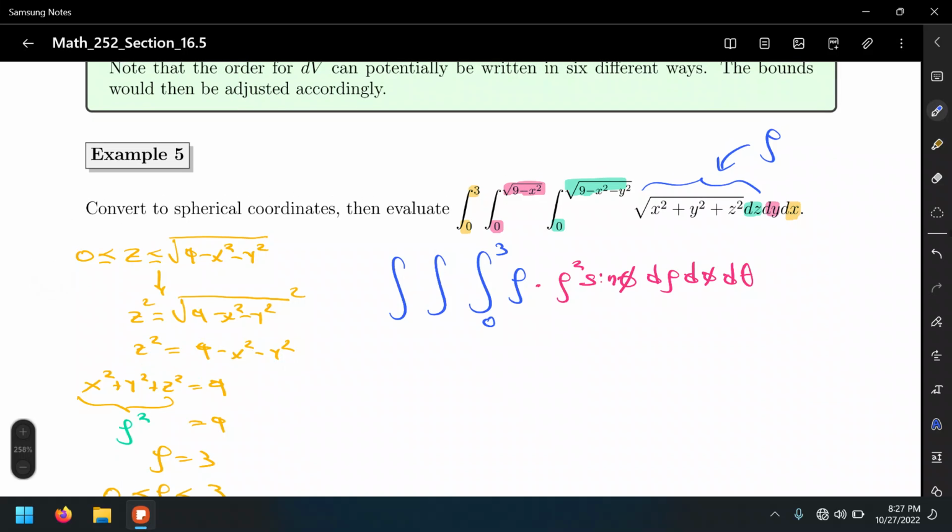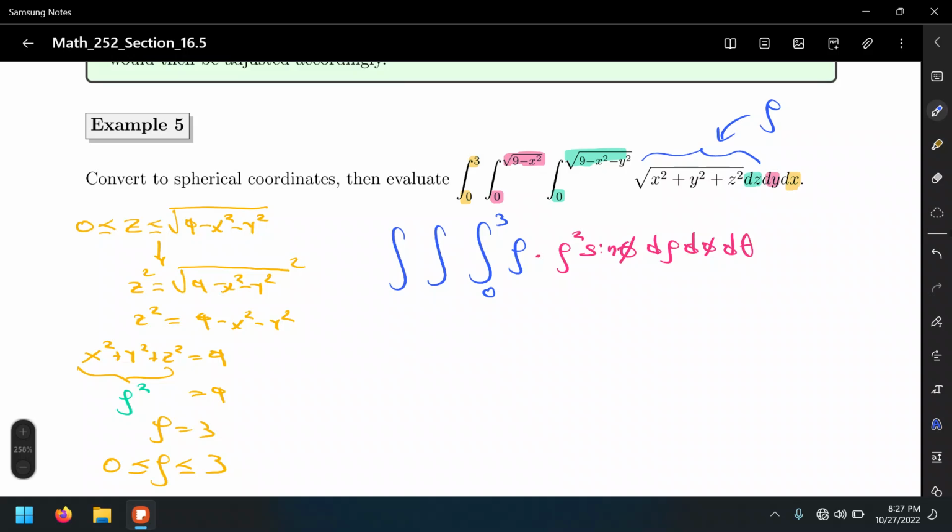Now, the innermost limits of integration work in a very similar way to the second integral. The second integral was telling us that we were looking only at the upper semicircle. The innermost limits of integration are telling us that we're looking at only the upper hemisphere. Do you agree with this? Because otherwise this would have said the negative root of 9 minus x squared minus y squared, which would have meant the lower hemisphere to the upper hemisphere.